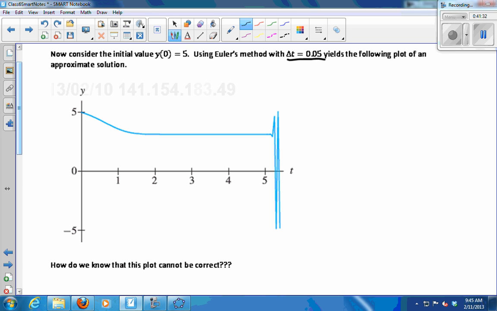Aside from the fact that it doesn't match the trend of what was happening before, I know for a fact that this plot cannot be correct. Why is that? It crosses 0, one of the equilibrium solutions. This is an equilibrium solution, and I crossed it. So I have violated uniqueness. I could say it crosses pi also, yeah.